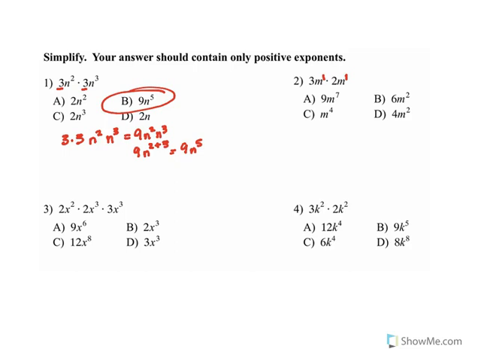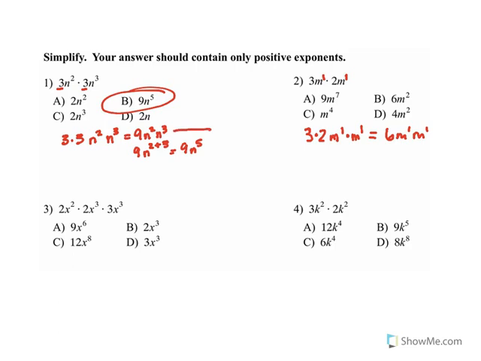So let's put our numbers together first. We have 3 times 2, and then we have m to the first times m to the first. So the first thing we're going to do is 3 times 2, which is 6, and then we have our m to the first, m to the first.